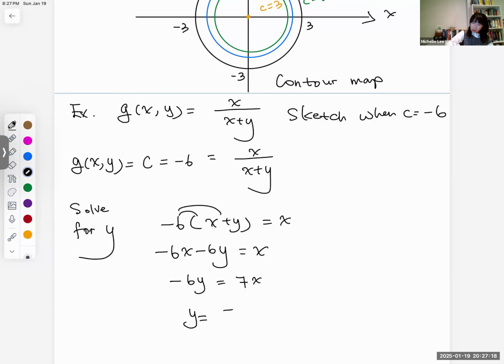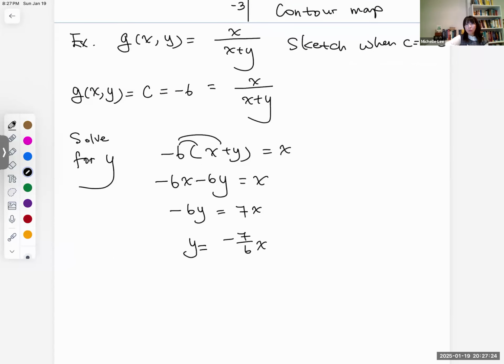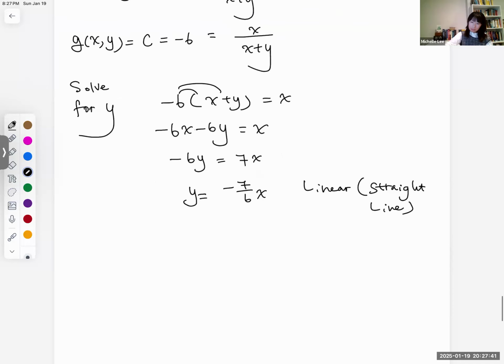So y equal to -7 over 6 x. What do you get from this one? Can you see that? It's a straight line, very good. It's a linear straight line, right? And then slope is negative, right?